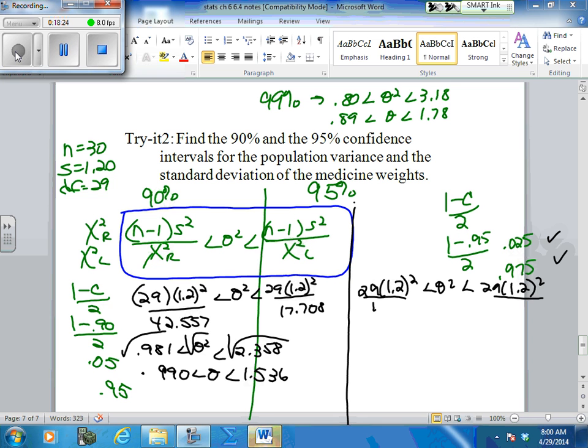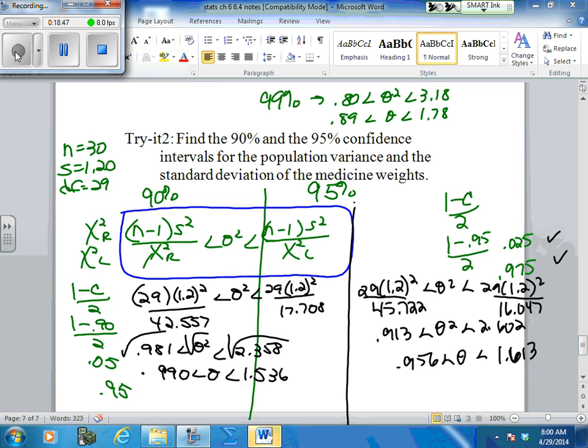So you should get 45.722 and 16.047. This is your variance. Take the square root, and this is your standard deviation confidence interval.